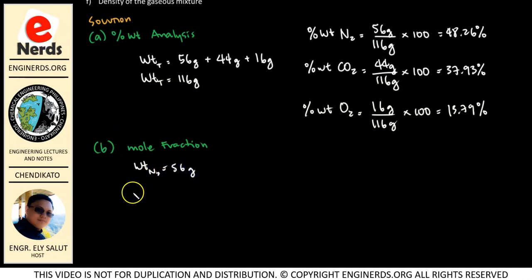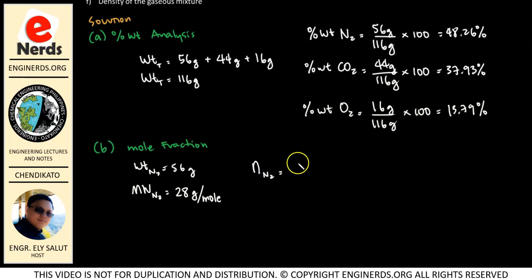Now, what is the molecular weight of N2? So, nitrogen has a molecular weight of 14 grams per mole. So, dahil meron tayong N2 here, dalawang nitrogen, so we will have here 14 times 2, which is 28 grams per mole. So, kunin natin yung number of moles ng ating N2.